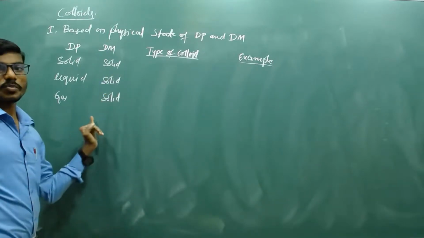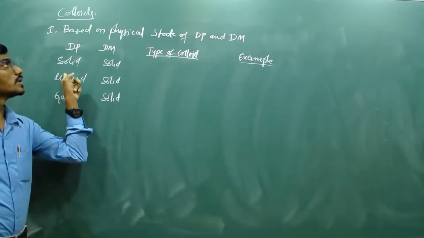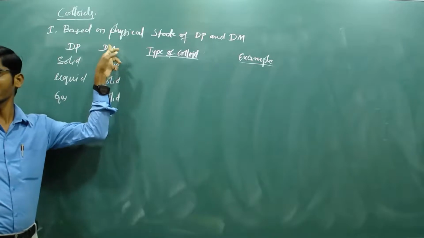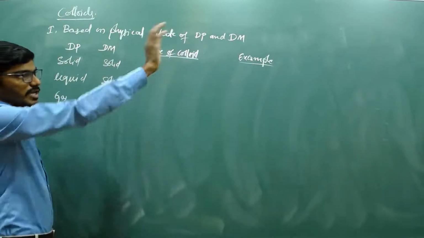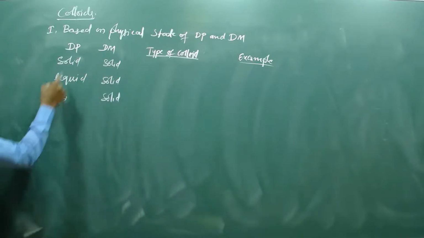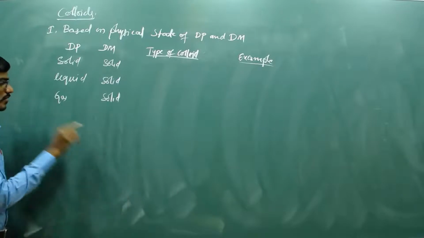Like in the solution topic, we have studied the types of solution: if the solvent is solid, it is called solid solutions, with specific examples. Next, the dispersed phase may be solid, liquid, gas, and the dispersion medium is liquid.